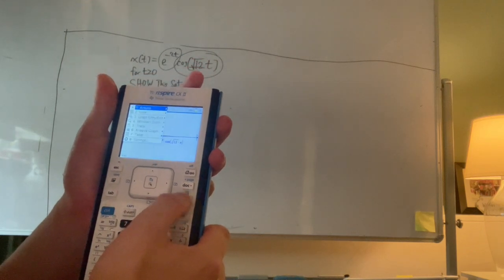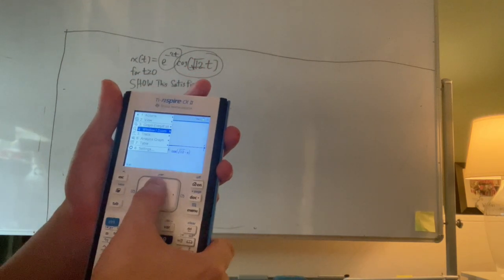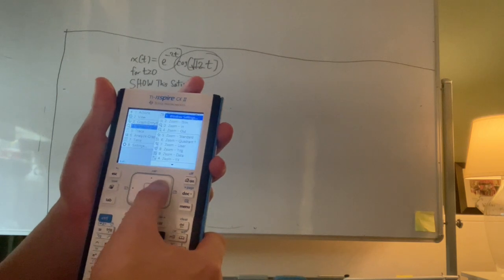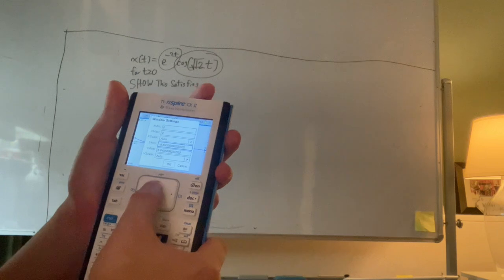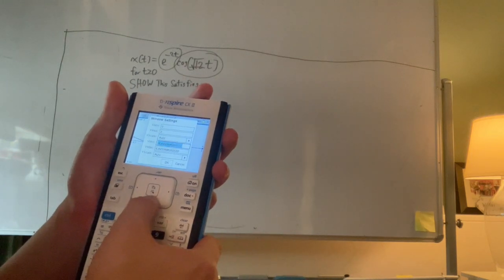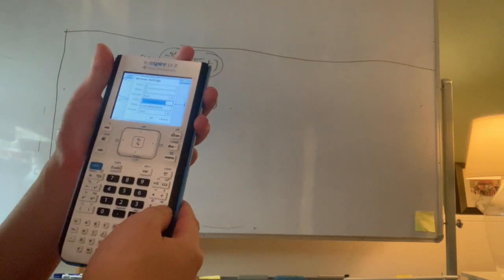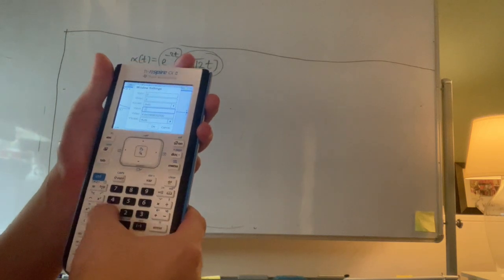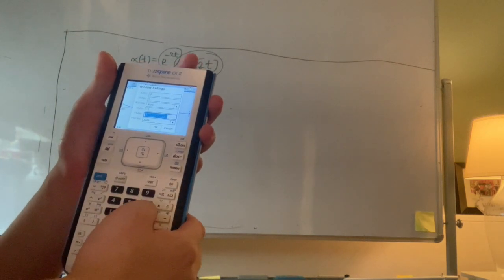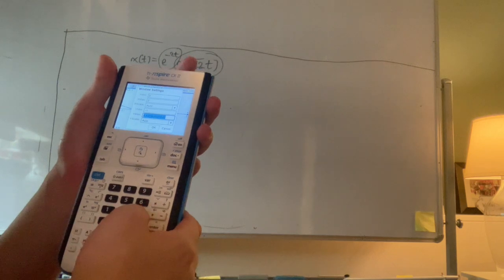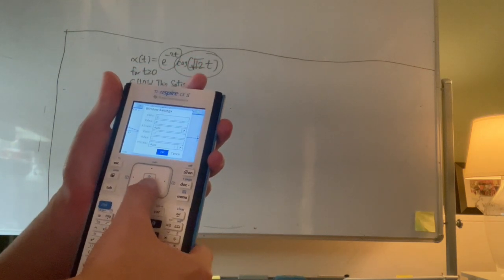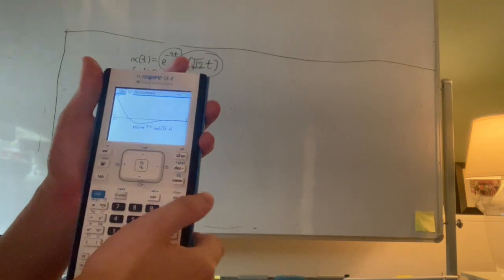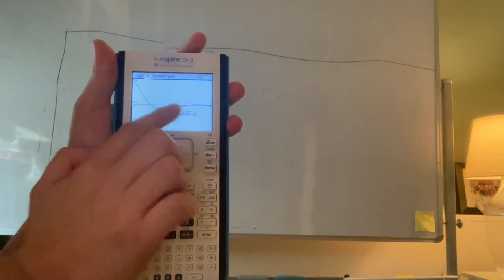Let me change the window. This will be -1. Do the negative here, not there. That's a subtraction sign, completely different. -1, and then this is +1. There we go, that's better. We can get a bit of the curve here.